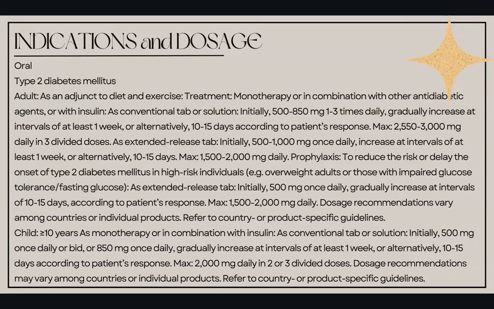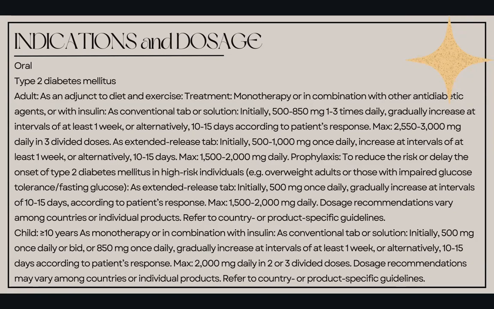As conventional or tablet solution, initially 500 to 850 mg, 1 to 3 times a day, gradually increased at intervals of at least 1 week, or alternatively 10 to 15 days according to patient's response. Max is 2,550 to 3,000 mg daily in 3 divided doses.